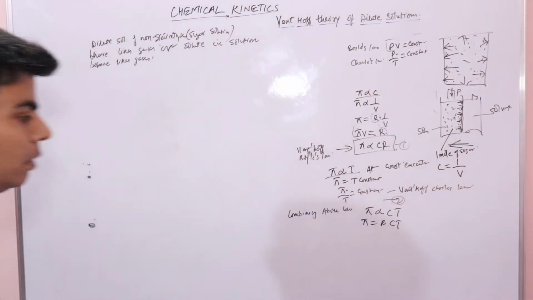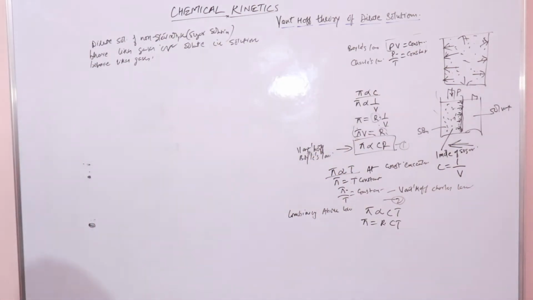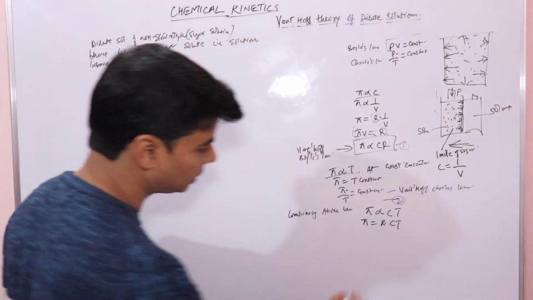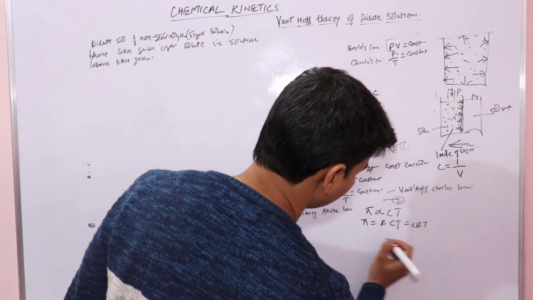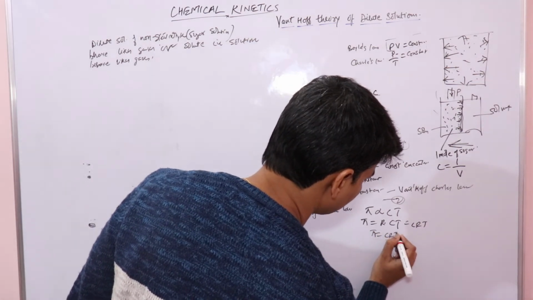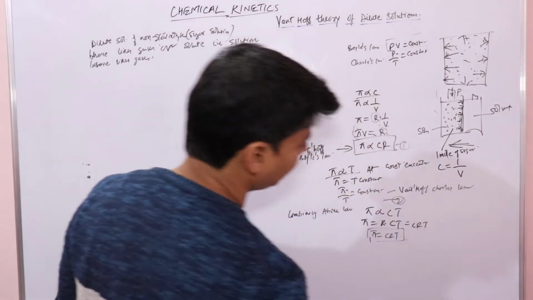R is your constant, which is your solution constant. So in books you will see it written like this, pi is equal to CRT.